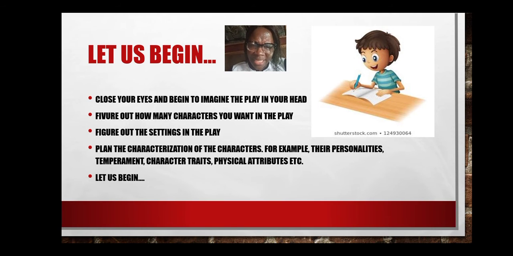Figure out the settings and also plan the characterization of the characters. Yes, I don't know if you've heard this before. Characterization. That is the kind of person or attributes you want your characters to have.